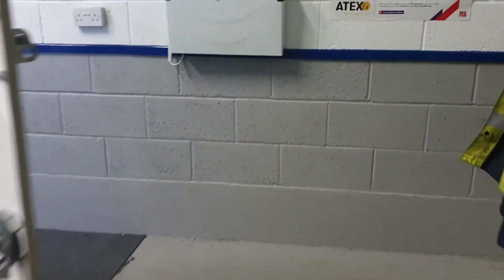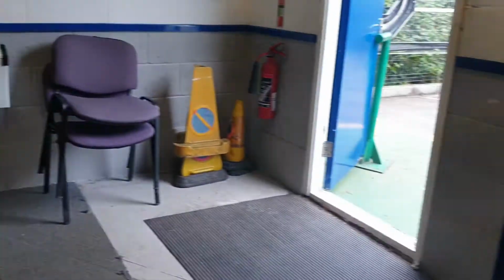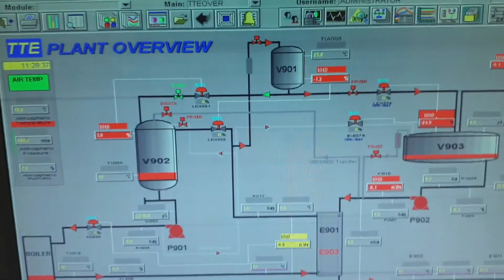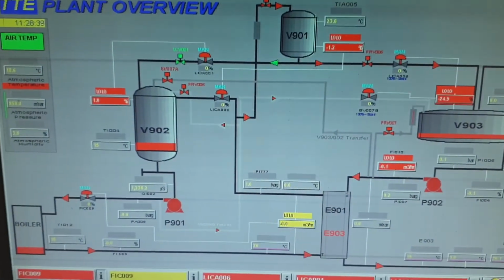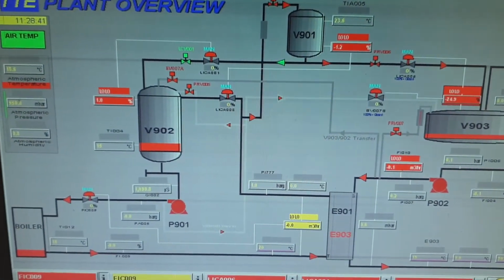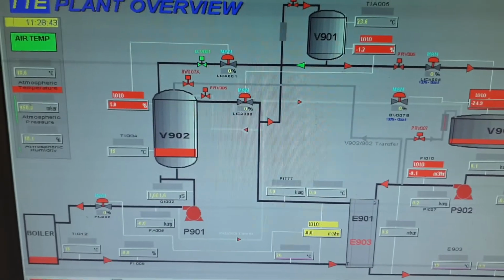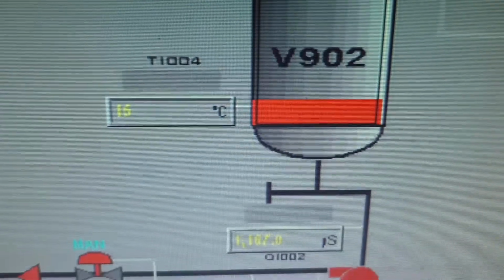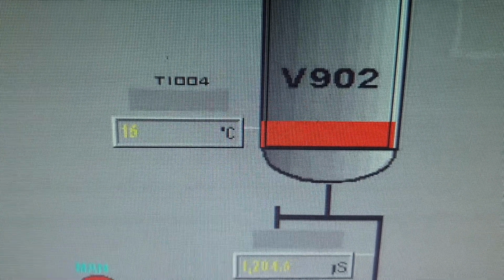So if we just follow back around, and there you go. So what you have now seen is how information is developed on the plant, how it starts its life and ends up as information on the screen.